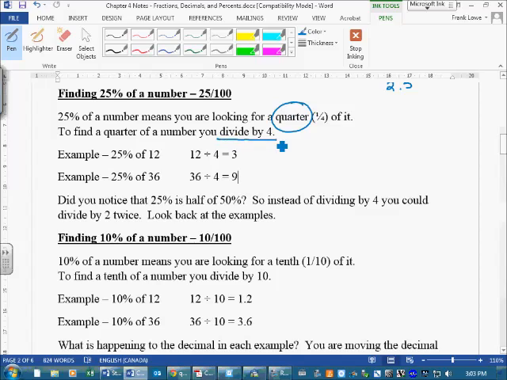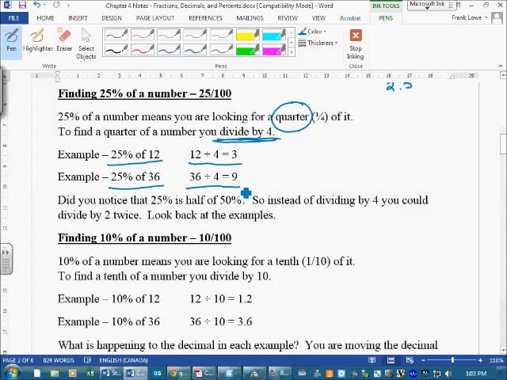That means you're going to divide by 4. For example, 25% of 12, same numbers. You're going to take 12 and divide it by 4, and that gives you 3. 25% of 36, that means you take 36 and divide that by 4. That'll give you 9.